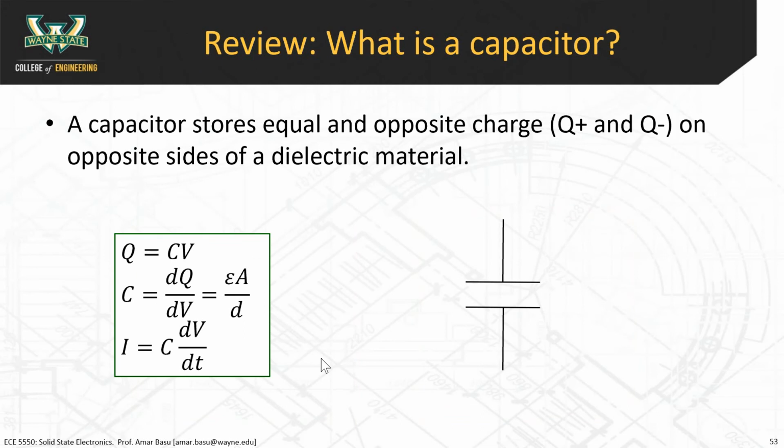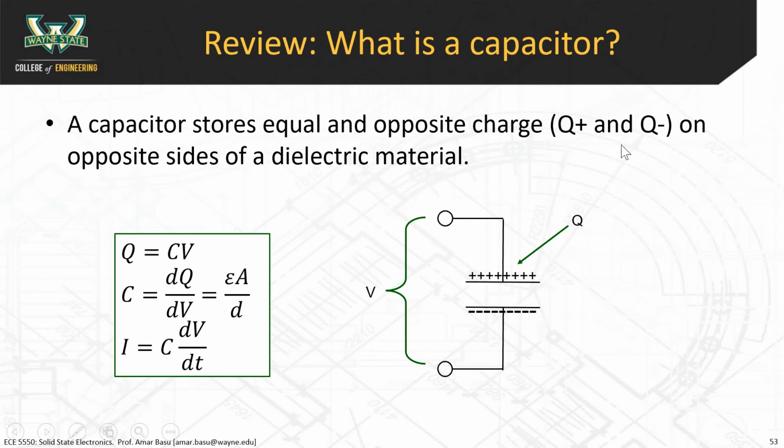So this is what a capacitor is. Imagine we put a voltage source across a capacitor. What will happen is you'll end up building positive charge on one side of the capacitor and negative charge on the other side, and we refer to that charge as Q. A reminder to everyone, a capacitor is just like two metal plates near each other with a small gap between them, a dielectric layer in between.